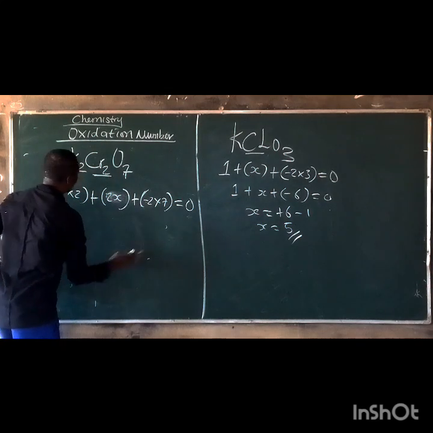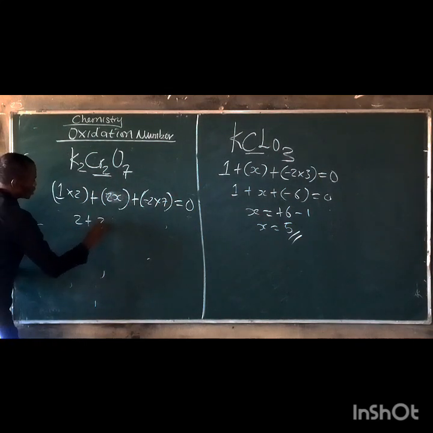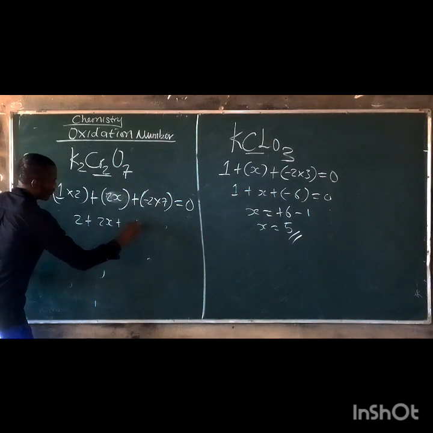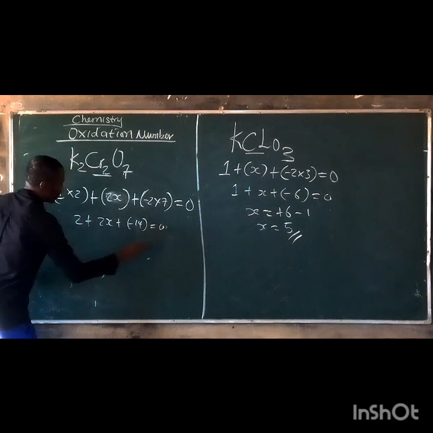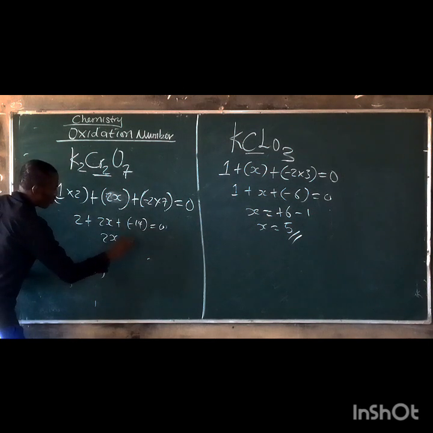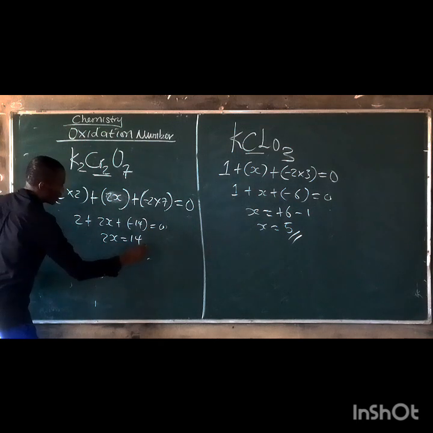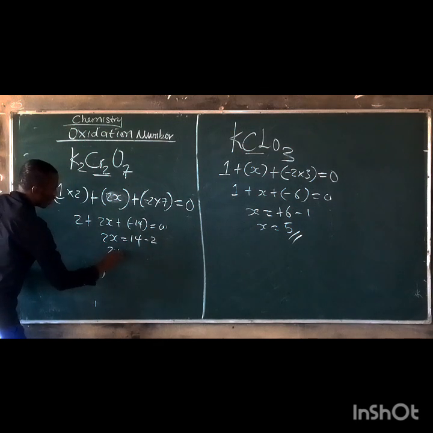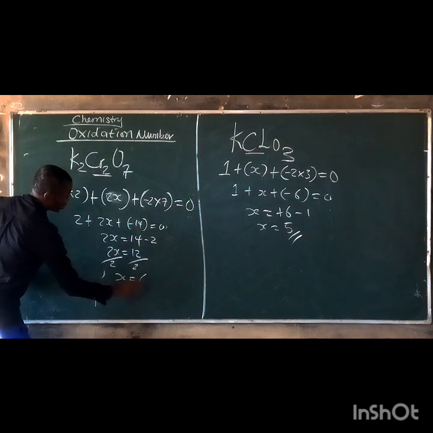This is also a compound. Now we have 2 plus 2x plus -14 is equal to 0. So we have 2x is equal to -14 plus to the other side. It becomes +14. 2 plus to the other side, it becomes -2. So we have 2x is equal to 12. 14 minus 2 is 12. We are dividing by 2, divide by 2. X is equal to 6.